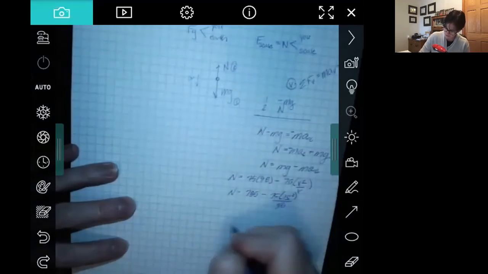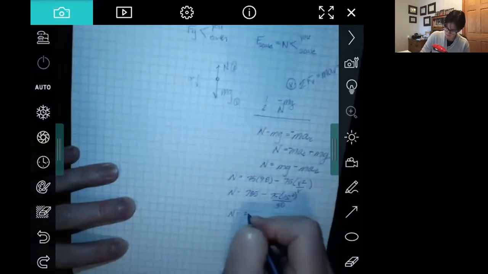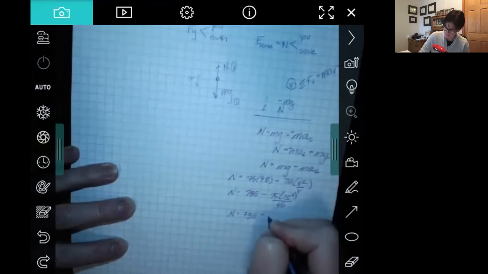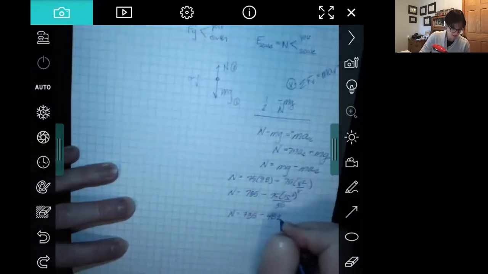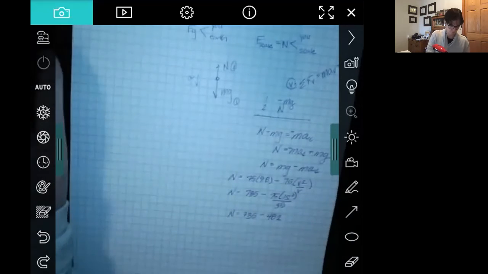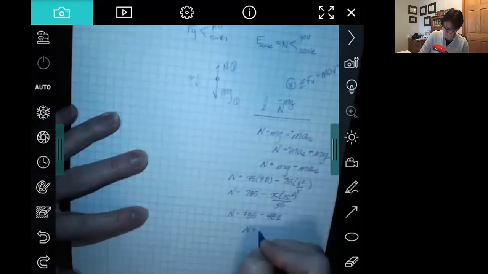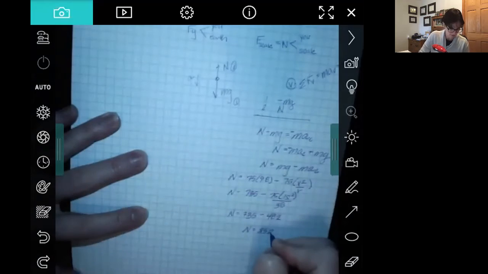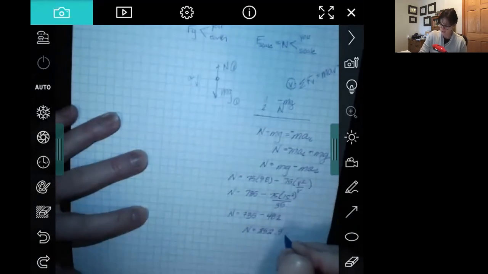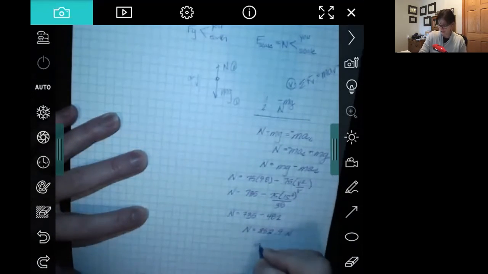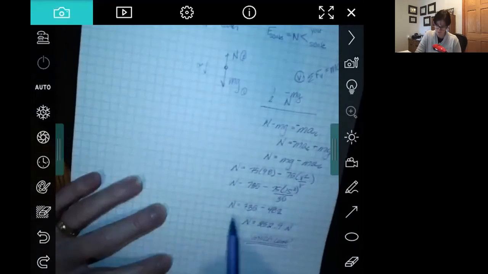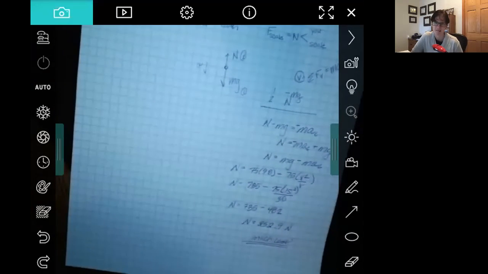And that is N equal to 735 minus 482. And so the reading on the scale is going to be 252.9 newtons, much less than the force of gravity, which was our 735.